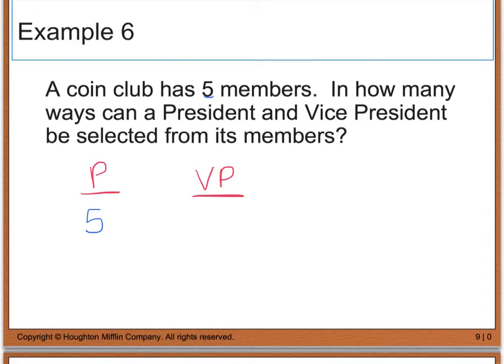Now once that president has been selected, I now have 4 remaining members that can be selected for vice president. So to find out the number of different ways that we can select a president and vice president, I'm going to multiply the two together, or get 20 different ways that we can select a president and vice president.